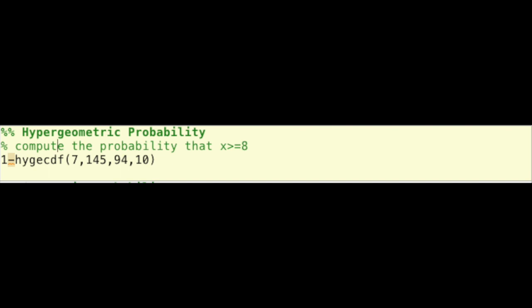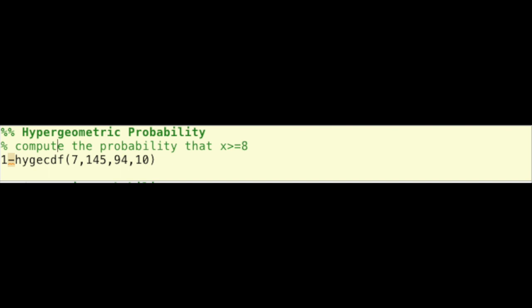In this one particular example, we're computing the probability that a sample of size 10, taken from a population of size 145, that has a special subgroup of size 94, will contain 8 or more members from the preferred subgroup.